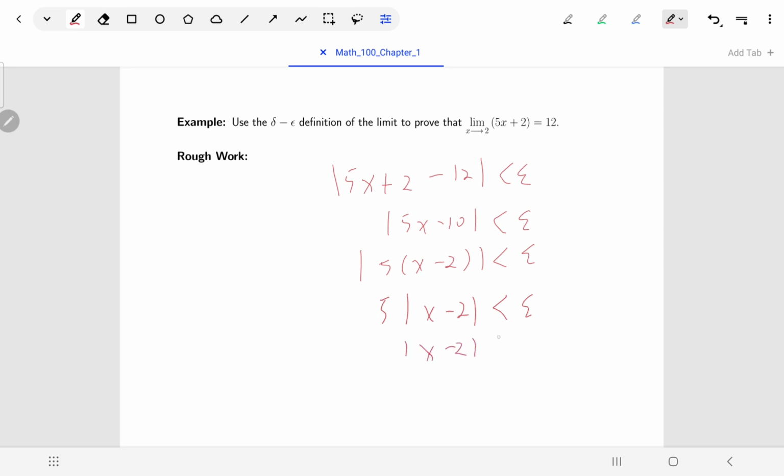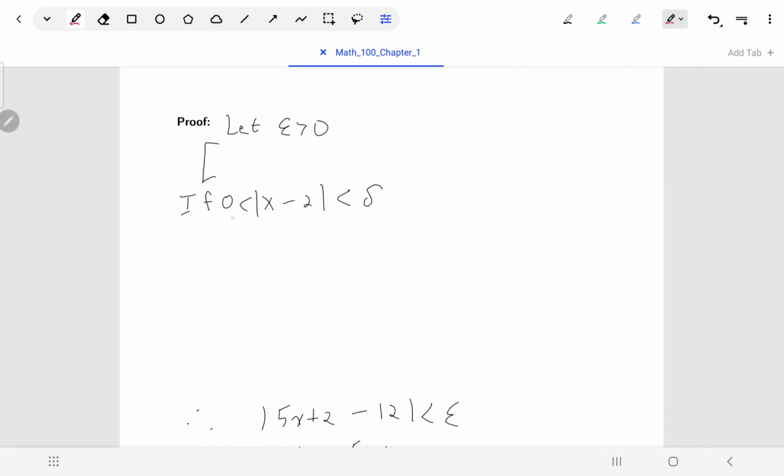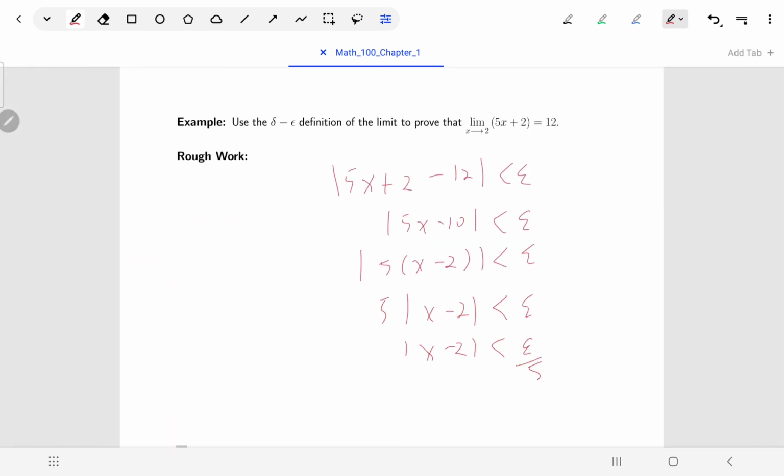If I divided by 5, I would say the absolute value of x minus 2 is less than epsilon divided by 5. Now, in my proof, I want to start off with x minus 2 being less than delta. So if delta was epsilon over 5, then I'd be able to follow the chain of steps to get to my function minus my limit less than epsilon.